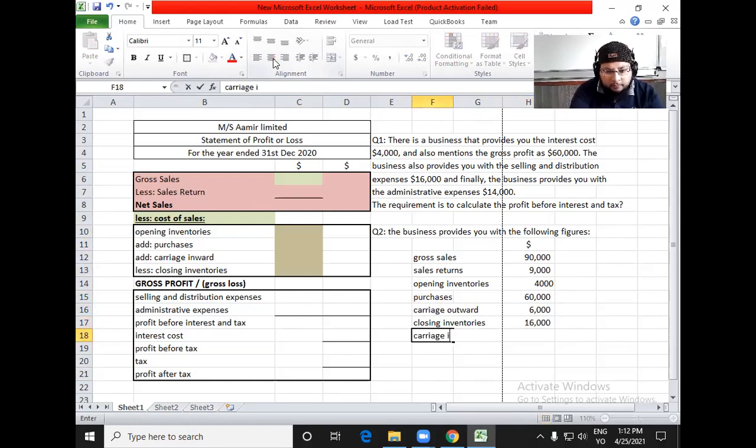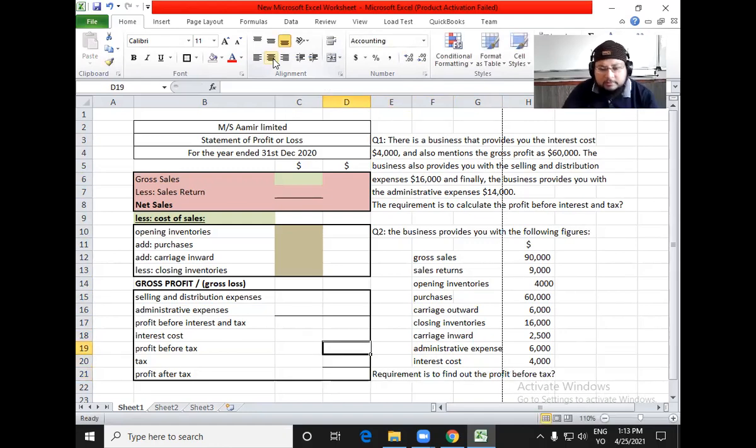Then carriage inward, let's suppose 2,500. And administrative expenses, let's suppose 6,000. And then interest cost 4,000. And the requirement is to find out the profit before tax.